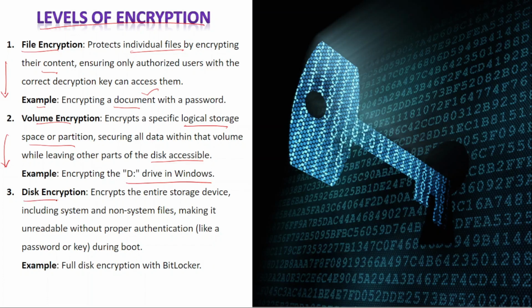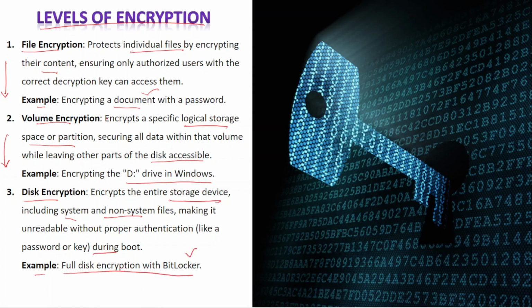Disk encryption encrypts the entire storage device, including system and non-system files, making it unreadable without proper authentication like a password or key during boot. Example is full disk encryption with BitLocker.